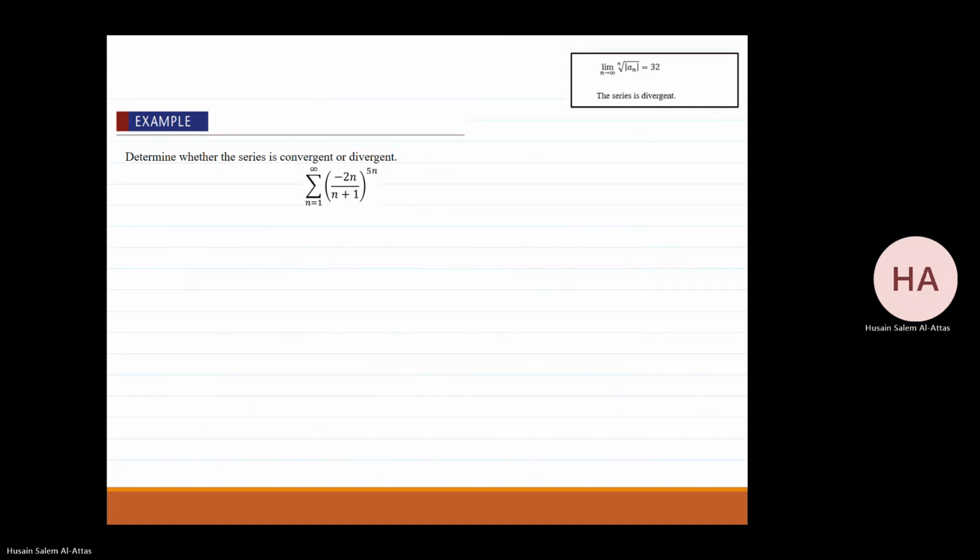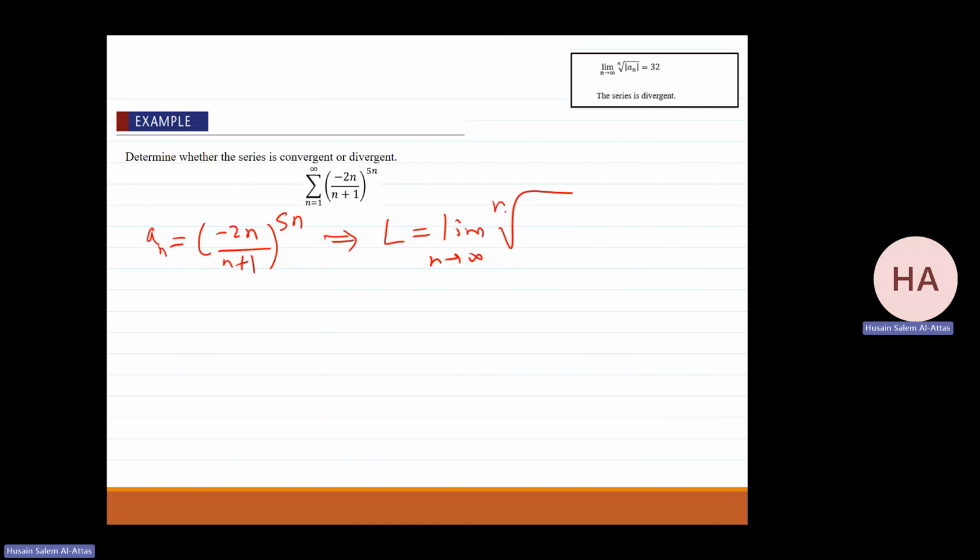Okay. Now let me do this one. What will be the limit? a_n is this. What will be L, which is the limit as n goes to infinity of the nth root of a_n?